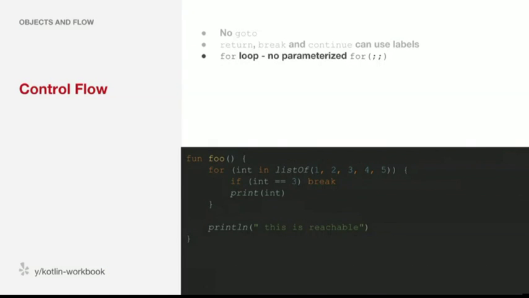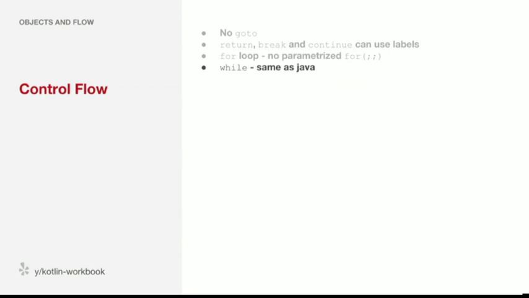Ranges allow you to go through the range multiple steps at a time. You can also use withIndex to get the index that the for loop is on. But just note that that doesn't really exist anymore. And there's a lot of useful iterable extension functions, which we'll talk about later, that help you handle all these cases. The while loop is the exact same as Java, so there's not much to cover there.